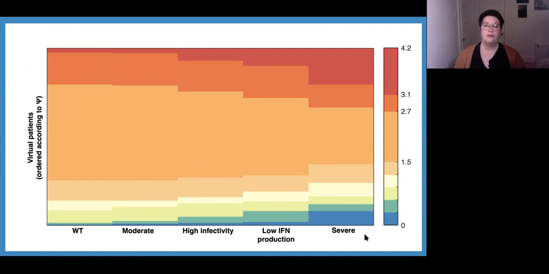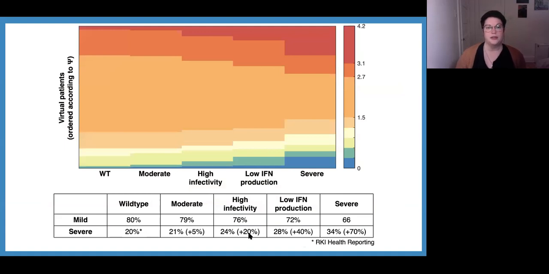So it gives us a nice way, when we see something emerging, to understand what could be the potential impacts in a population. And so you can see here that variants that really modulate interferon production, for example, have quite a significant impact on severe disease, and more important than even infectivity, because the amount that you need to modulate production is smaller than the amount you need to modulate or increase infectivity.